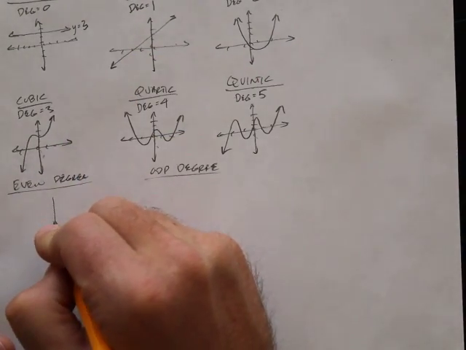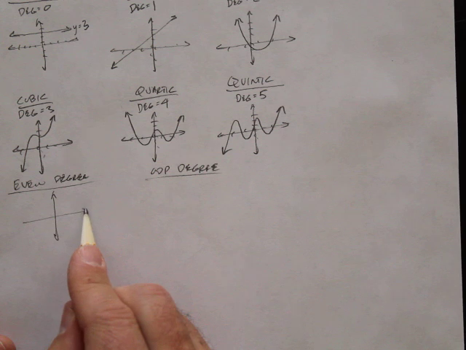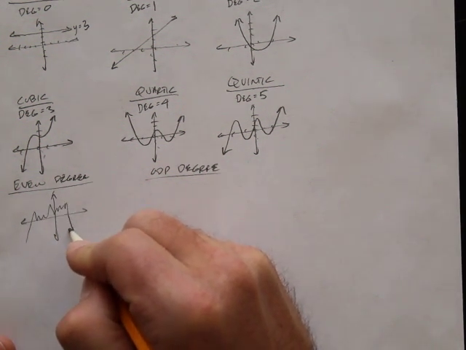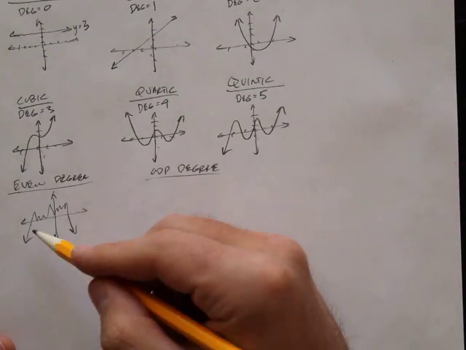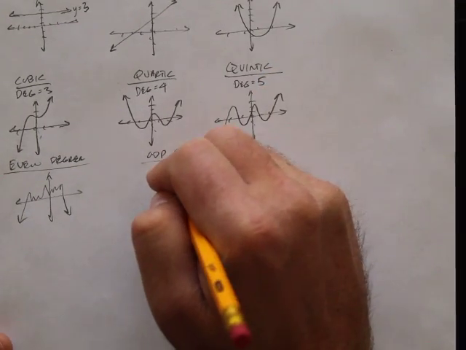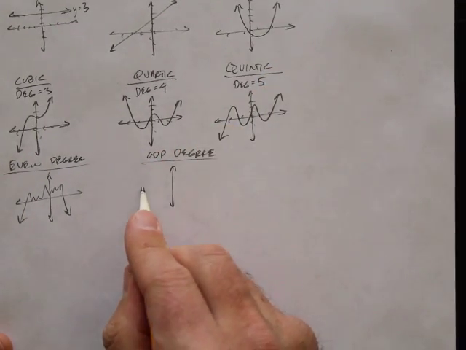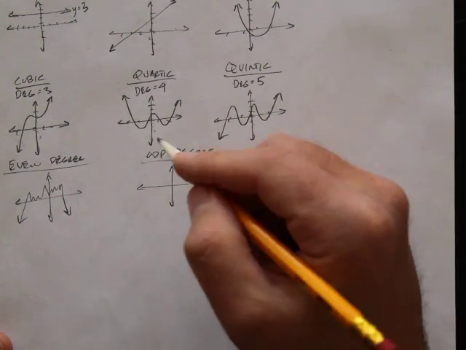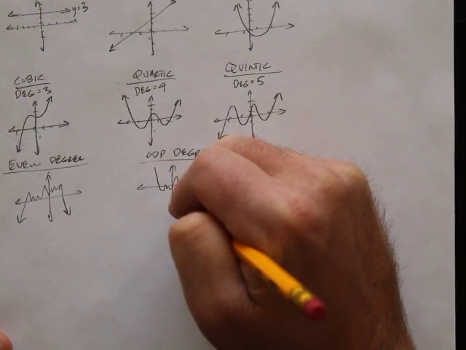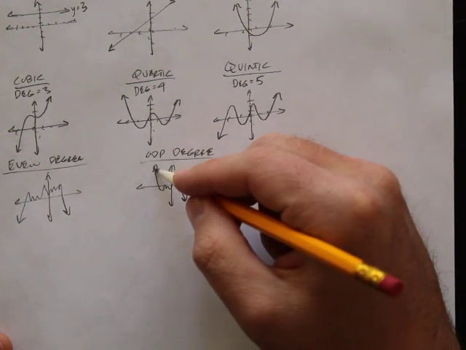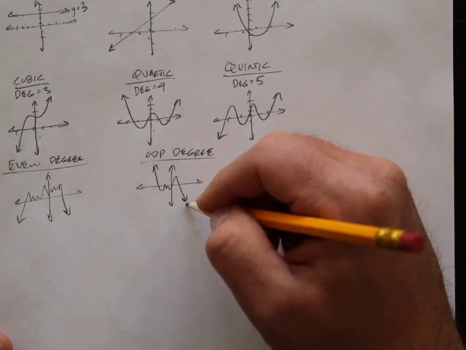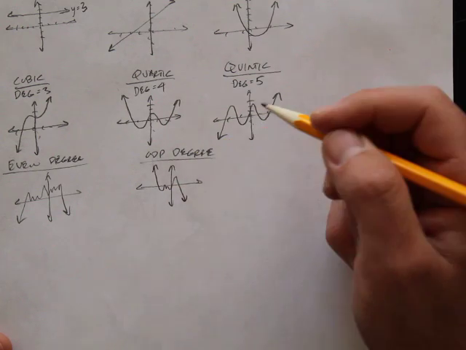So an even degree polynomial is going to be going one direction and then going back that same direction. Technically, I'm probably not saying it quite accurately, but it doesn't matter. You get the idea. So an odd one is going to be coming from one direction and going the other way. Like if it starts from up, then it's going to go down. If it starts from down, it's going to go up.